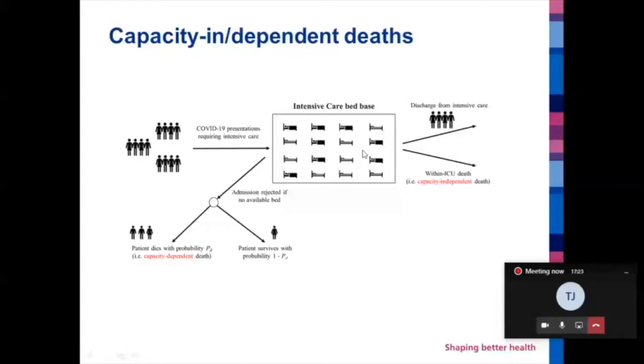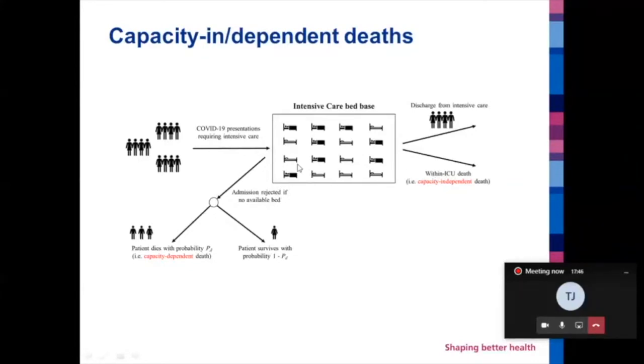If they do get a bed, then they will be discharged from intensive care, or they will die within intensive care if they succumb to the illness.